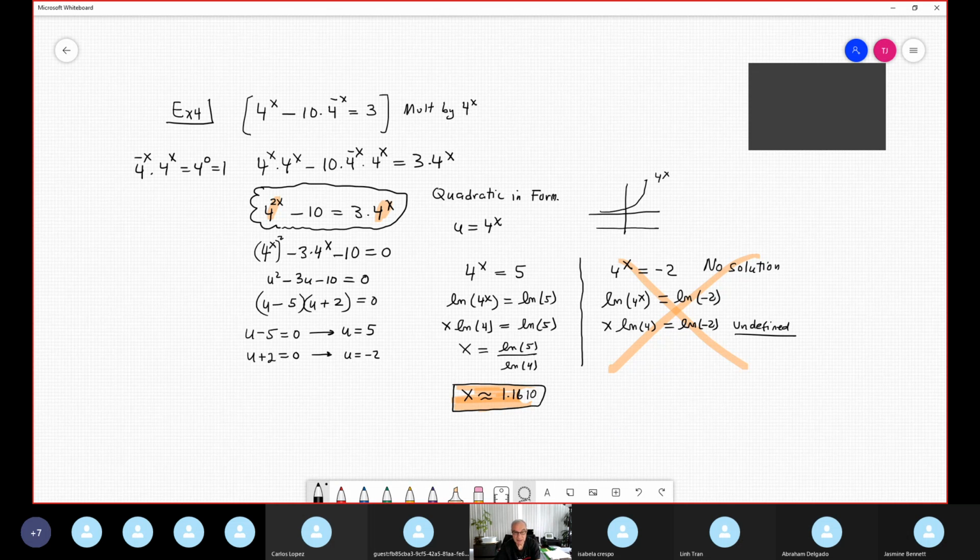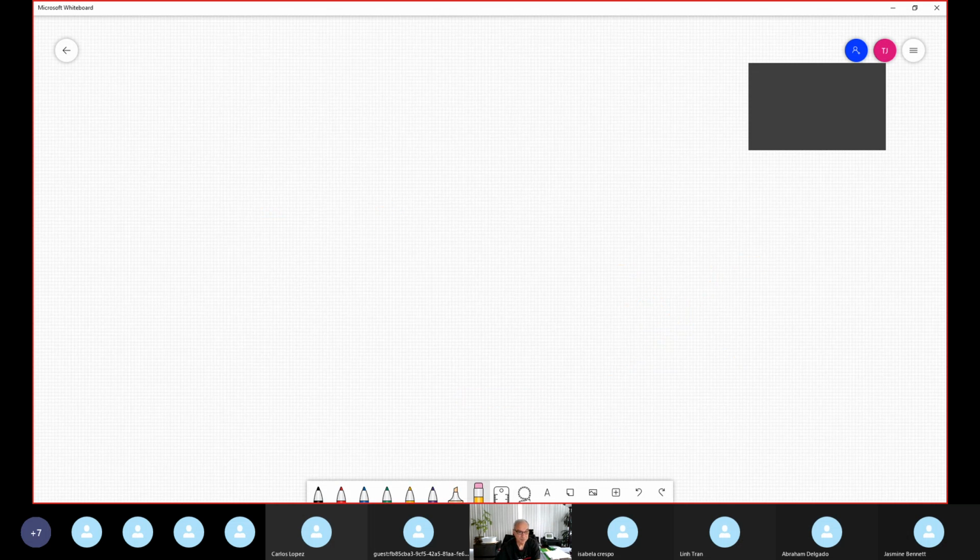Let me try another example, but it's very, very similar to this. A little bit more complicated. Suppose, for example, what is the number of this example? 5, no? Example 5. This is example 5. Okay, example 5 says.